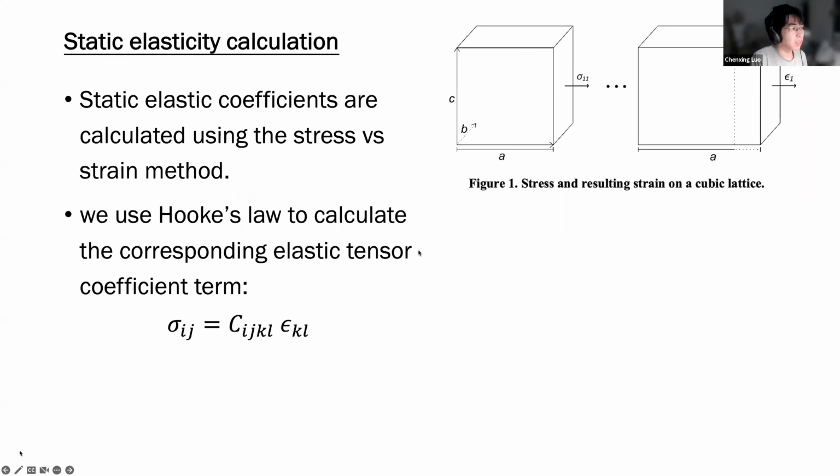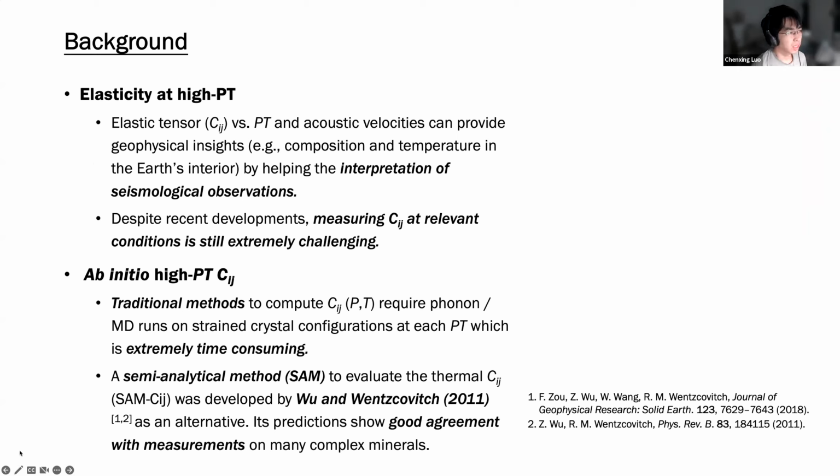So the reason why we are interested in thermal elasticity is because the elastic tensors, or CIJ, as a function of pressure and temperature, can be used to calculate acoustic velocities. And in our case, we are interested in geophysical insights, which means that if we calculate the elastic tensor of minerals, we calculate the acoustic velocities of minerals.